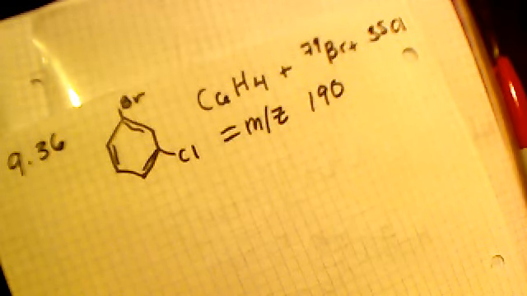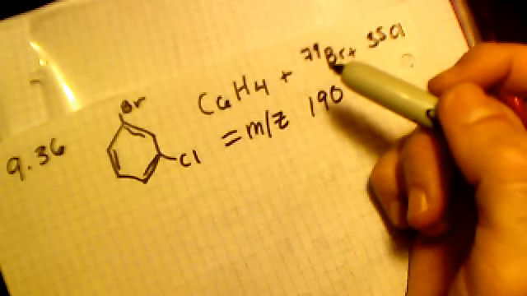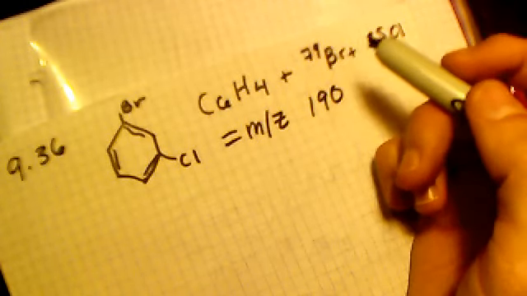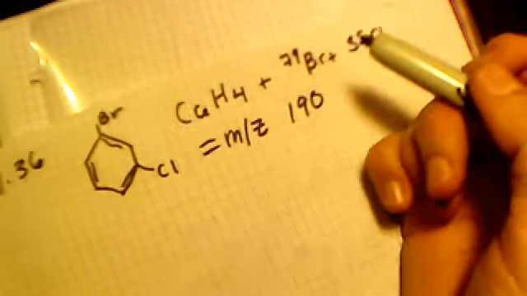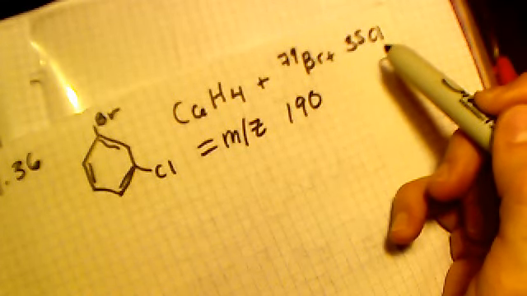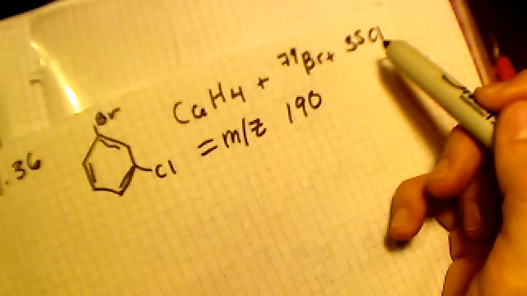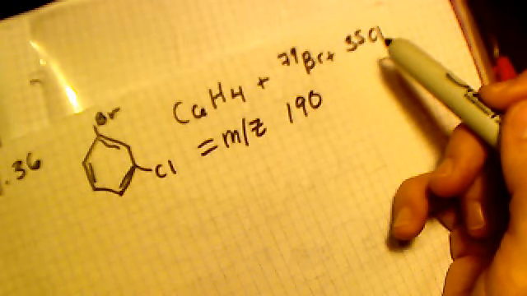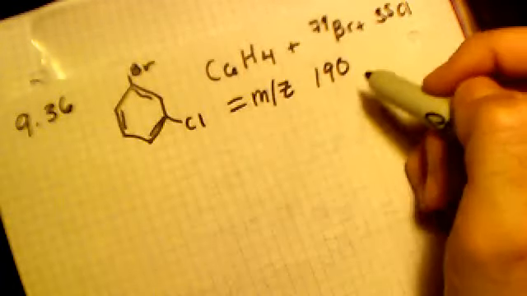Isotope. Okay, we're dealing with isotopes, so we need to find the different isotope masses. So this would be the mass with isotope bromine 79 and chlorine 35.